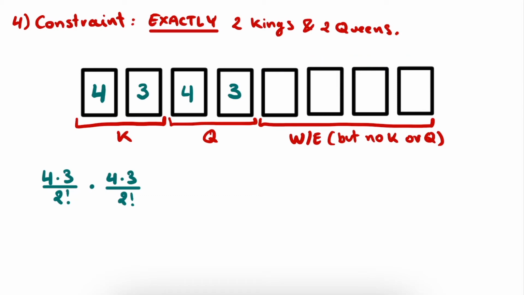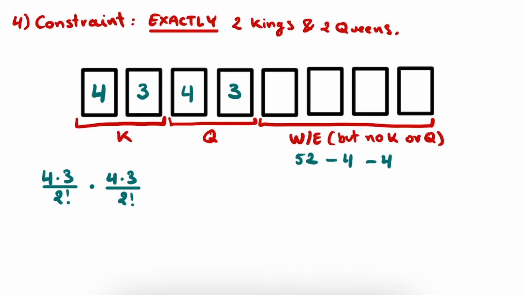So how many choices do we actually have for this first card right here? Well, we start of course with 52 choices because there are 52 cards in a standard deck. However, there are of course cards that we cannot choose because we would be violating our constraint. There are of course 4 kings inside of a deck, so minus 4, and there are 4 queens in a standard deck, so minus 4.